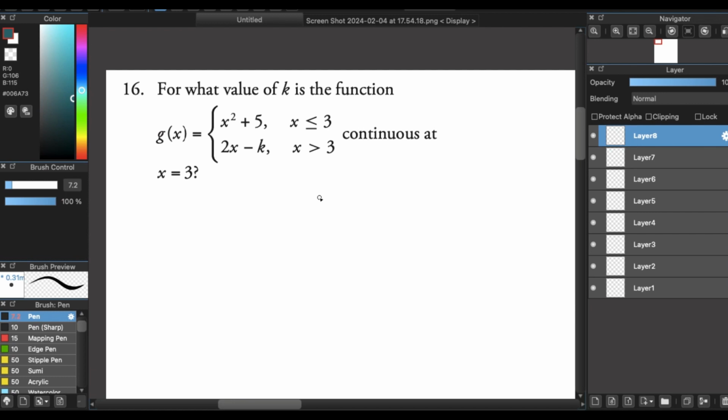As you can see, this function has two different expressions, which depends on which side we are considering when x approaches 3. In order for it to be continuous at 3, let's imagine any function at x equals 3.